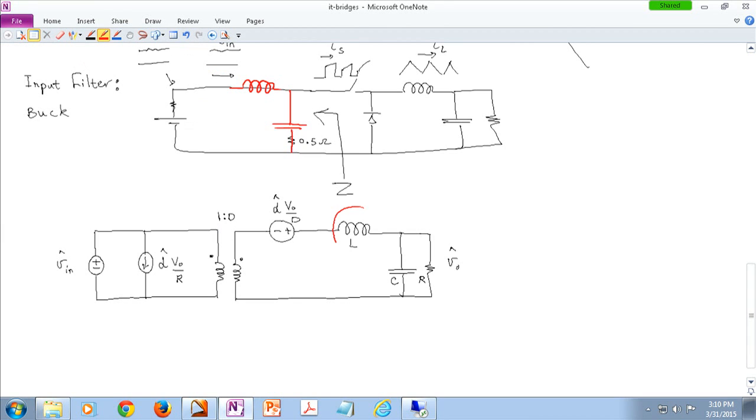I'm going to label this impedance as Z2, and this as Z1, basically. So I have like an impedance divider on the right-hand side of the system.